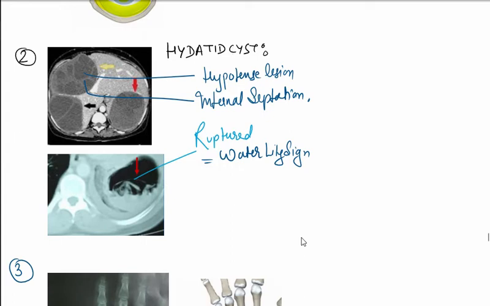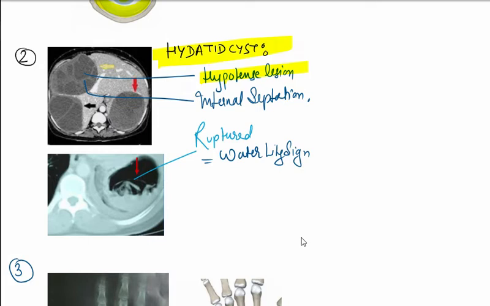This is a CT scan of the abdomen showing a hydatid cyst. Why? Because it is a hypodense lesion. Why hypodense? Hyperdense is white, just like bone, and hypo is somewhat darkish.